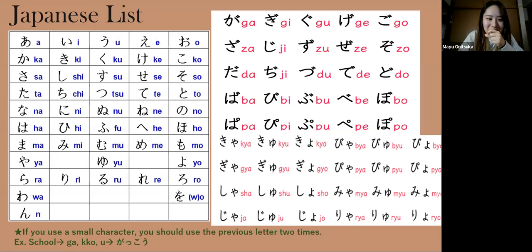Did you understand? There is no separate sound for yi and ye, so there are ya, yu, yo, but yi and ye have no sound. Okay, time is up.